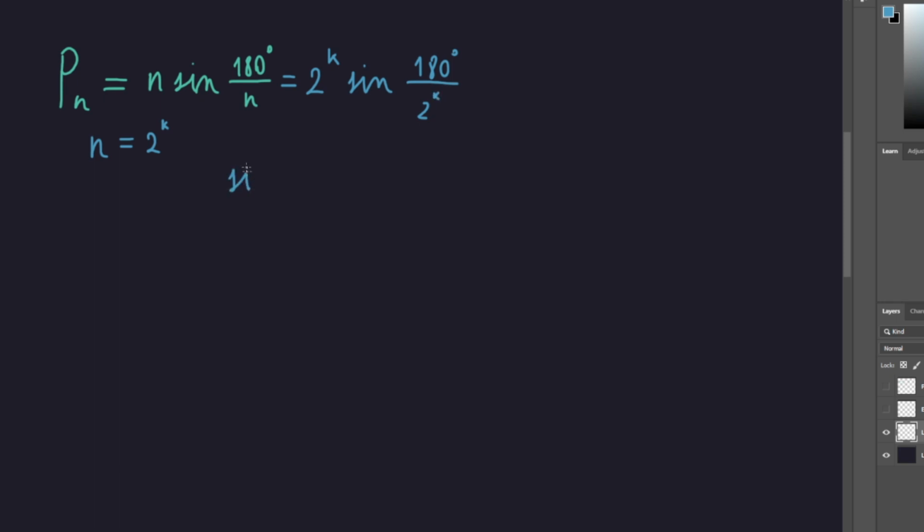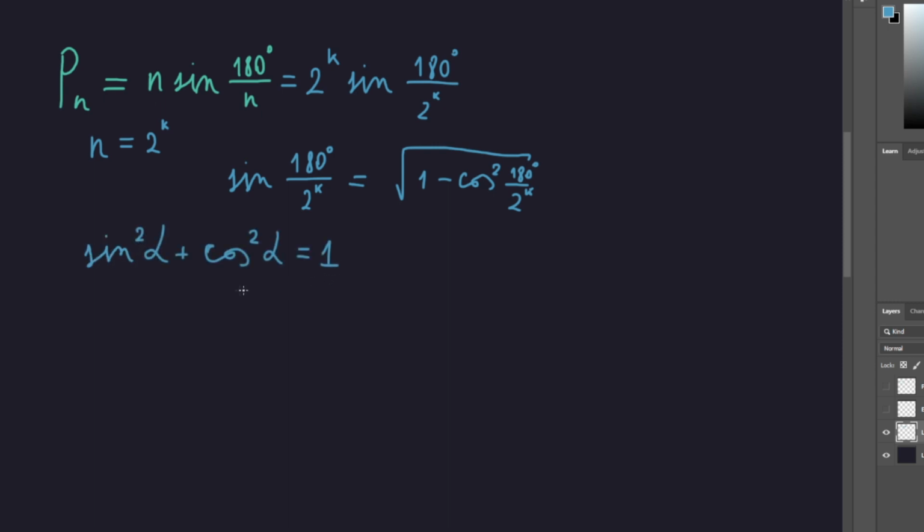So let's try to find this sine. First of all, let's rewrite it as square root of 1 minus cosine squared of the same angle. We can do so because there is this rule in trigonometry, and thus we can prove that sine of any angle alpha is the square root of 1 minus cosine squared of the same alpha.